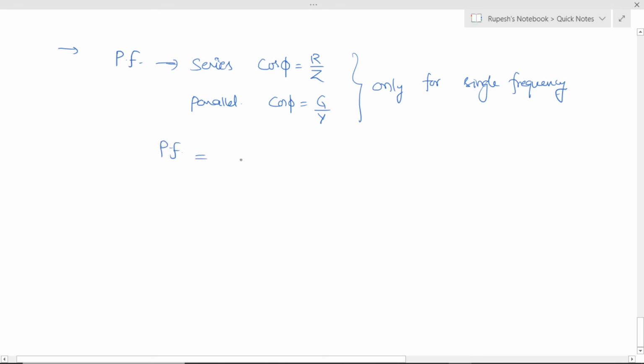If it is multiple frequency, then power factor will be real power divided by apparent power. This is applicable for each and every circuit, even with multiple frequencies, like we have seen in the previous session.